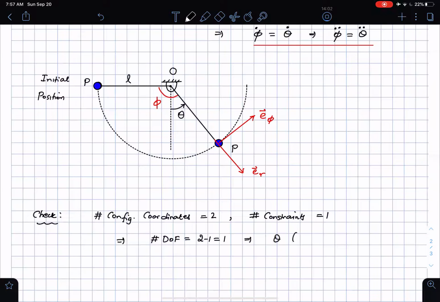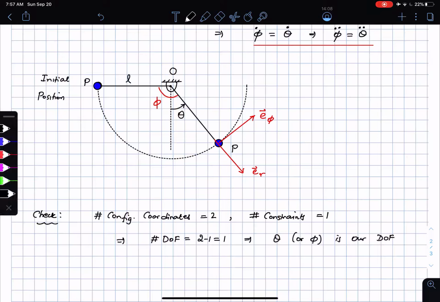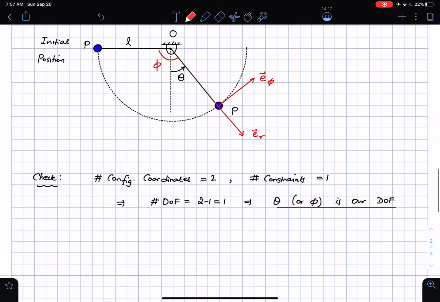So theta or phi is our degree of freedom, as you can imagine. This is something that we've been doing for most of the problems, and I'll try to solve a problem where there are 2 degrees of freedom very soon. All right, so this is the situation that we have.